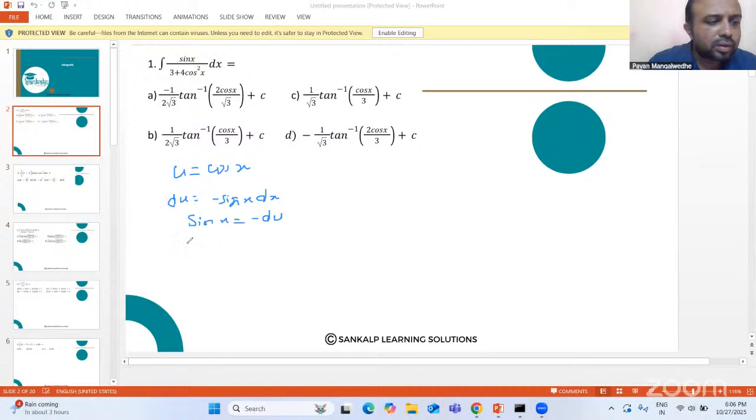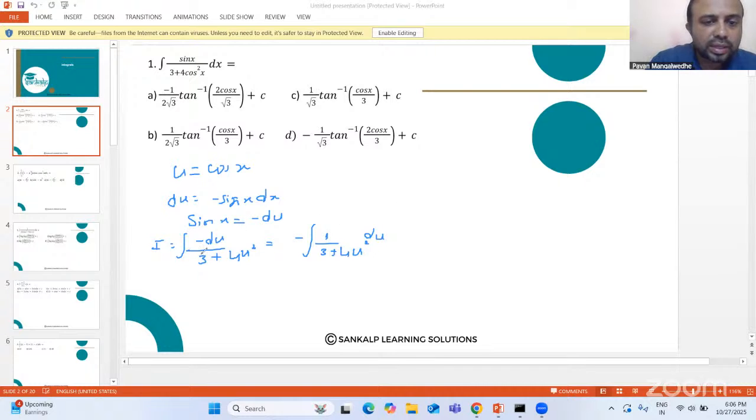Rewriting this integral: minus du by 3 plus 4 cos square x. Already we know that cos square x we can write as u square, so it can be written as minus of the integration of 1 by 3 plus 4u square into du. This is the basic.